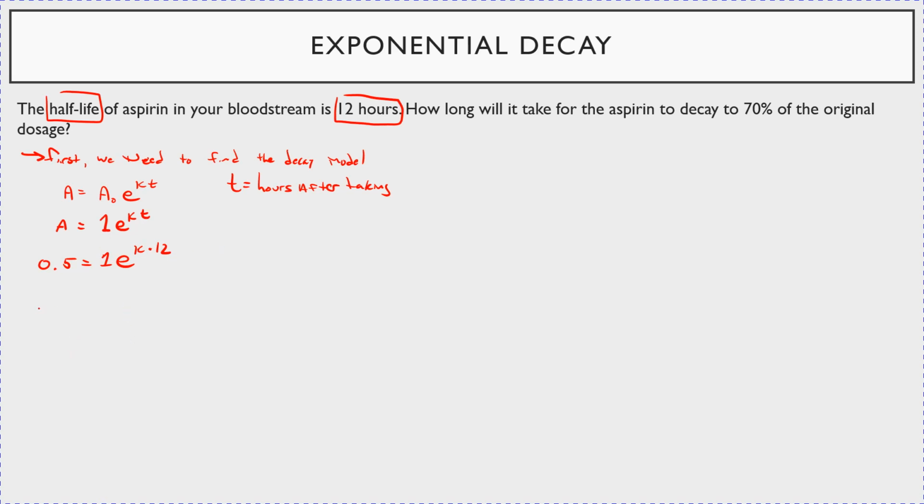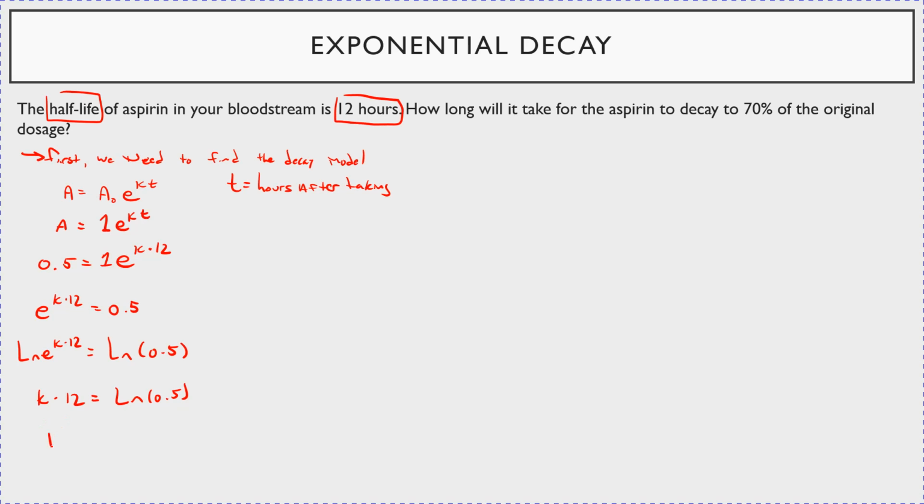The 1 doesn't matter, so you have e to the k times 12 equals 0.5. Let's take the natural log of each side. Well, again, you can see exactly what's going on here. So you have k times 12 is equal to the natural log of 0.5.